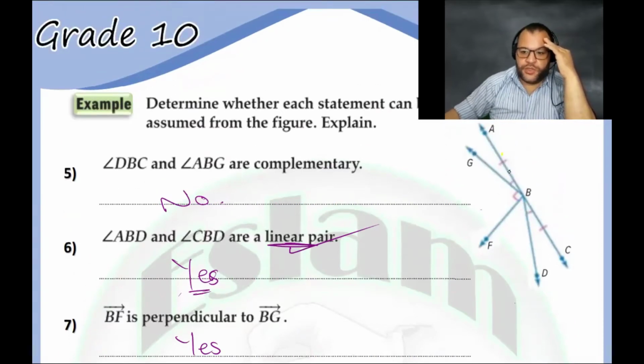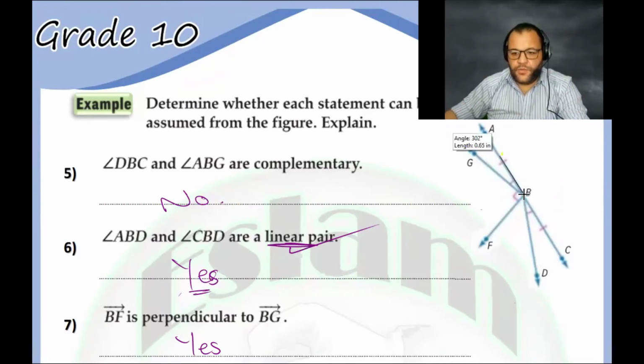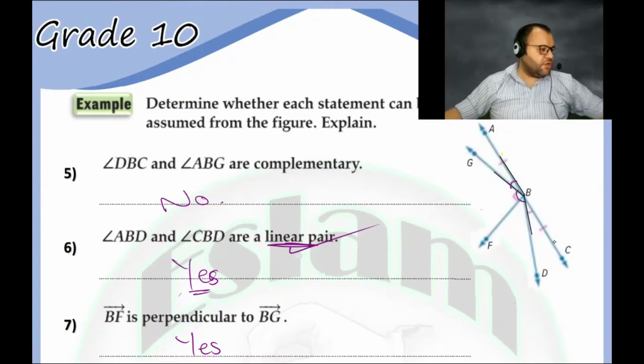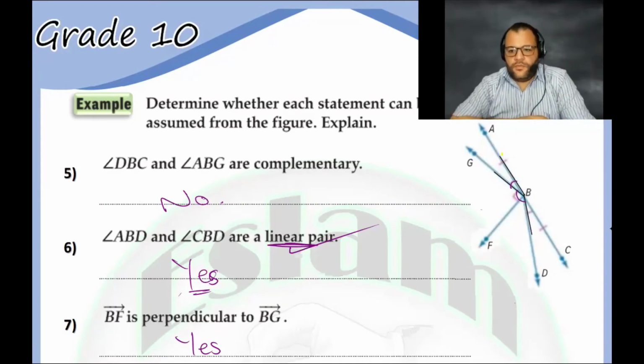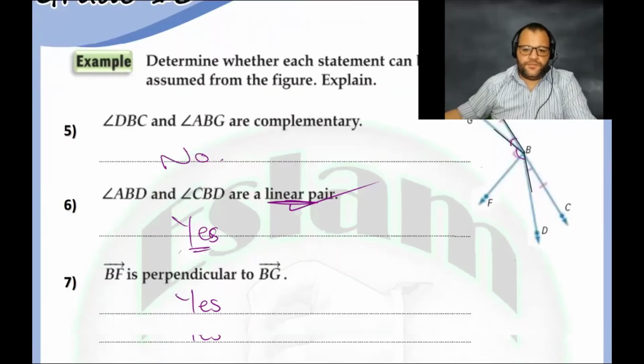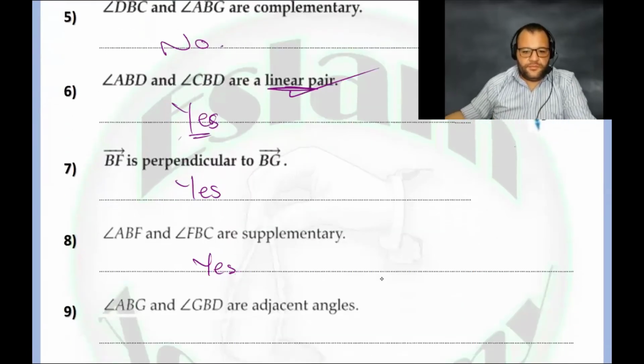Again for this one, ABG and GBD. That is the first angle and that's the second angle. Can we say that they are adjacent angles? Yes, because we have a common vertex and a common side.